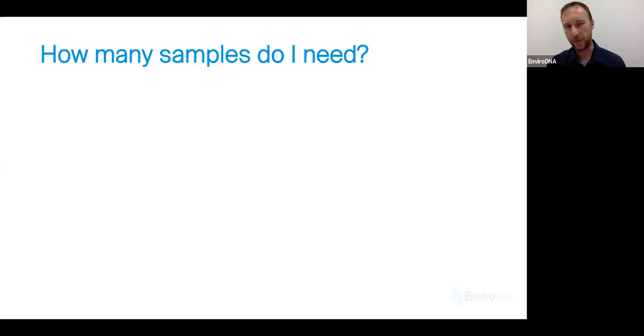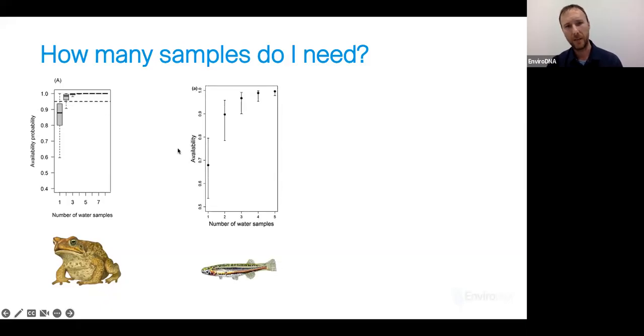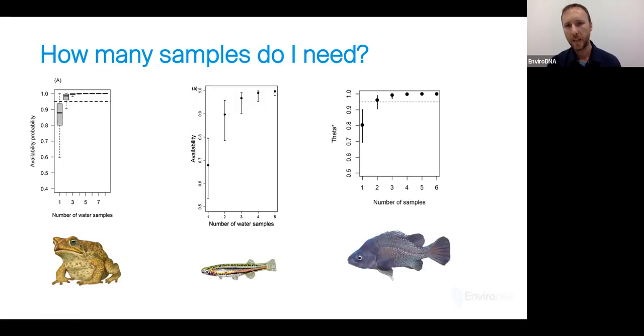So we've done this for a number of different species. We found very similar results for cane toads. So just a couple of samples for high detectability for cane toads. A threatened native fish, the dwarf galaxids. We were looking at probably 3 samples per site to get over that 95% detection.